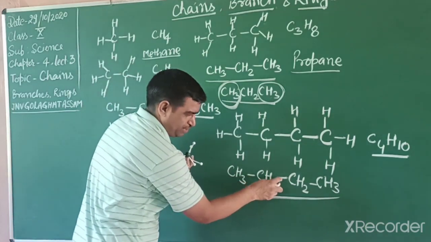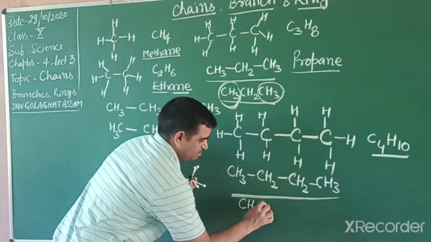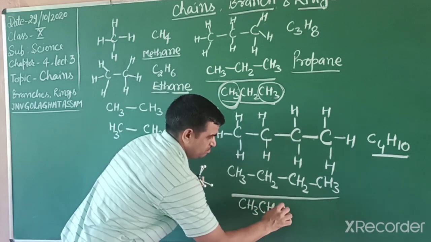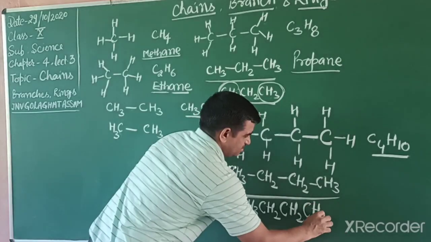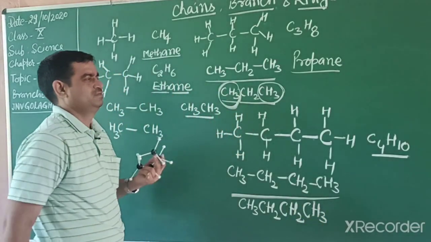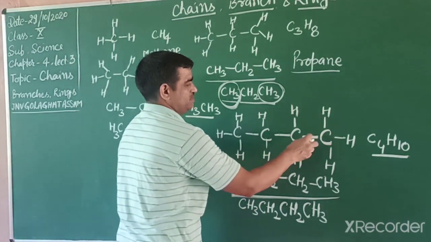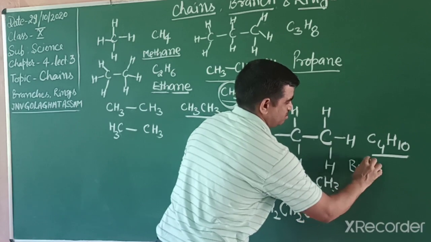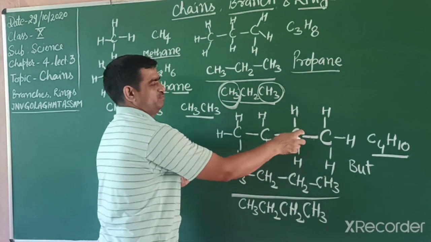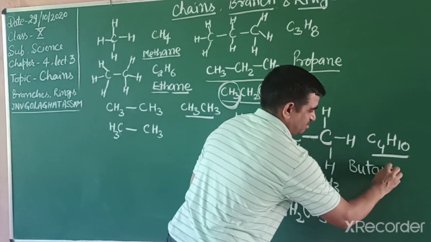If we remove this single bond, then CH3, CH2, CH2, CH3. What is the name of this compound? Total carbon 1, 2, 3, 4. 4 carbon is but, and single bond between carbon, then we write suffix N, butane.